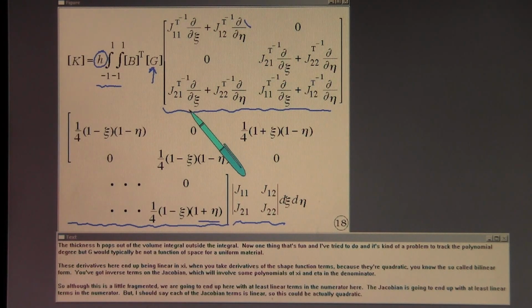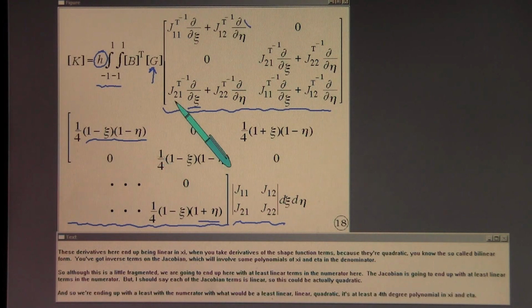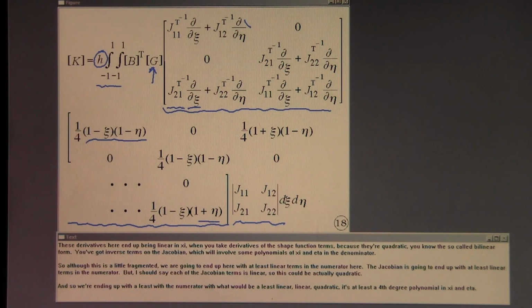These derivatives here end up being linear in C when you take derivatives of the shape function terms because they're quadratic, the so-called bilinear form. You've got inverse terms on the Jacobian, which will involve some polynomials of Xi and eta in the denominator. So although this is a little fragmented, we are going to end up here with at least linear terms in the numerator.